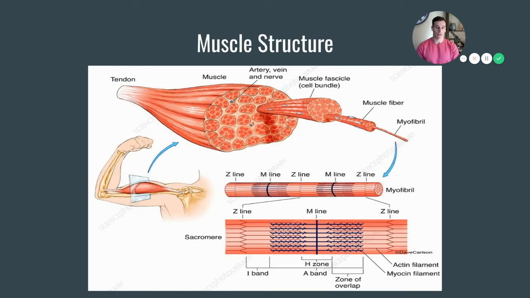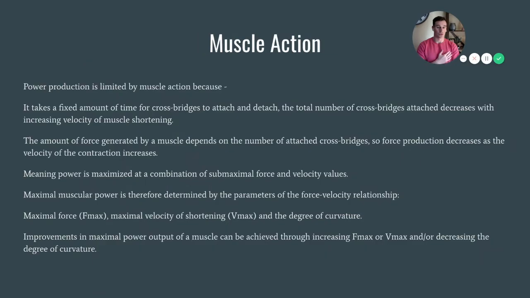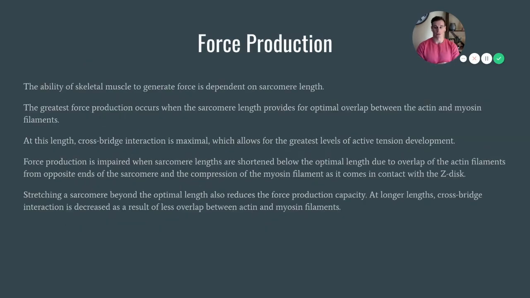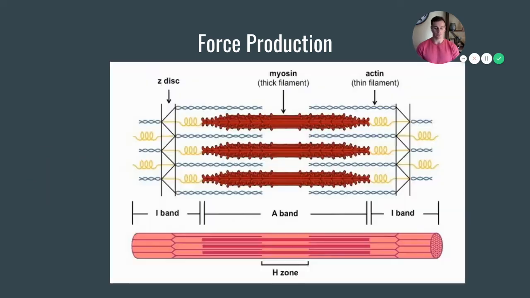Your Z disc, you can see here, is marked as your Z line. Stretching a sarcomere beyond the optimal length reduces the force production capacity, and at longer lengths, the cross-bridge interaction is decreased as a result of that lack of overlap.